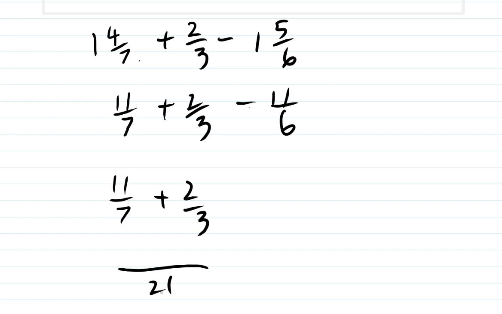Now, 7 into 21 goes 3 times, 3 times 11 is 33, plus 3 into 21, 7 times, 7 times 2 is 14. And then you say 33 and 14, that's 47 over 21, right? That's using the LCM method.